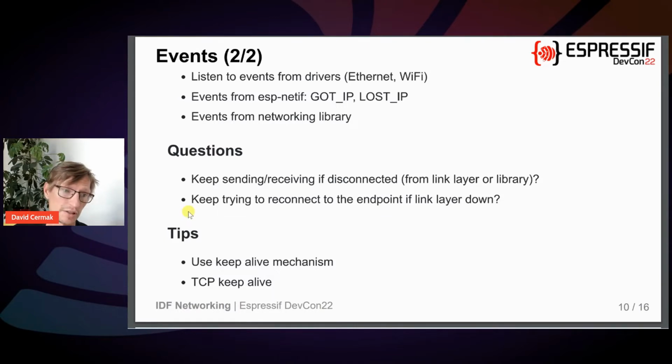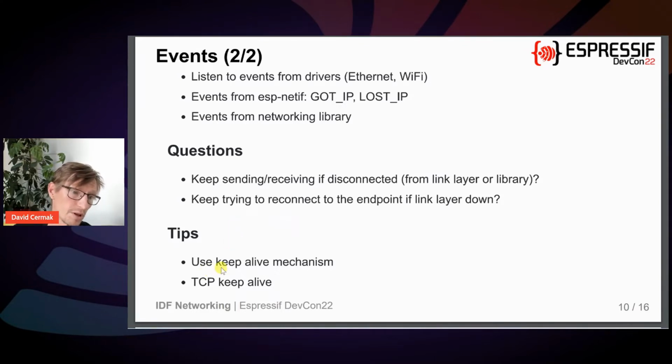So usually the answers to these two questions are no, and this is basically our common recommendation: if there is no real intention for that, just publish or send or work with the network library only if the link layer is okay, if we are connected. And if it's not too much trouble, we don't have to reconnect if the link layer is down.